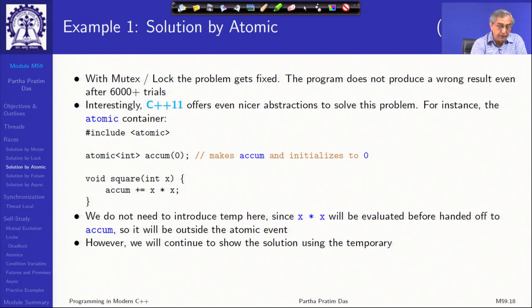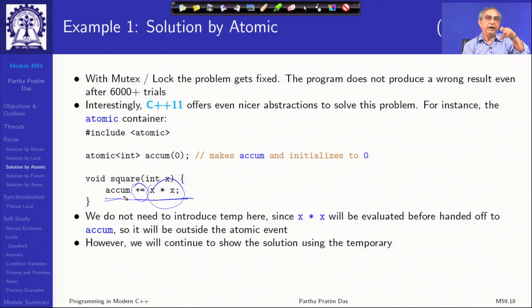The advantage is, after that you just do whatever you had been doing. What happens is, when this part is happening, the threads are allowed to go concurrently, but when you try to update accum, the atomic behavior that is defined in the library will make sure that threads are properly serialized, and this update happens as an atomic operation.